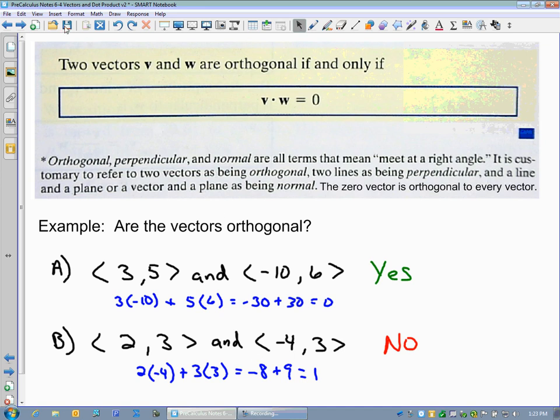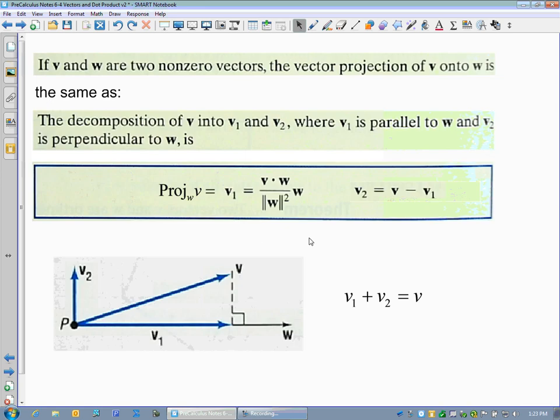Alright, and we talked about projections before. Let's see the actual equation for that. I know it looks a little intimidating, but the idea here is the same as you saw in physics when you try to find out how much of a force is applied in a certain direction. Those were projections as well.